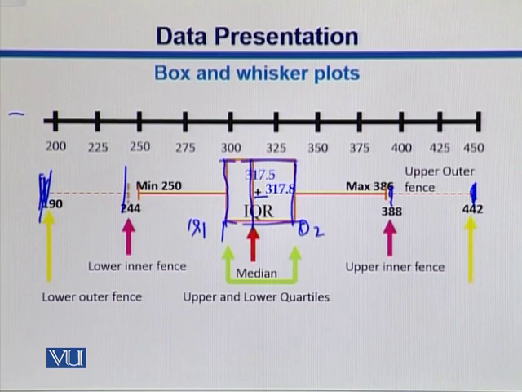The procedure which I am following in this course is that we draw the whiskers to the minimum number which is between those inner fences. The minimum number after the lower inner fence is 250. So we draw the whisker up till that point towards the lower side, and towards the higher side I will take the maximum value that is before the upper inner fence. That is 386. So we draw our whiskers.